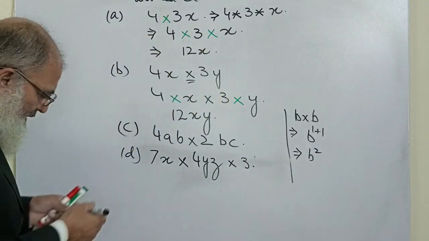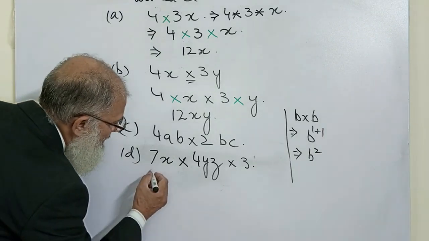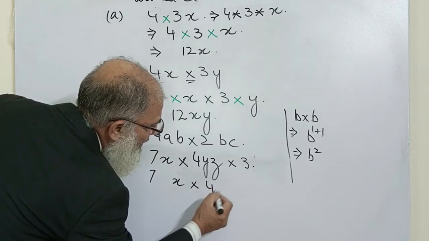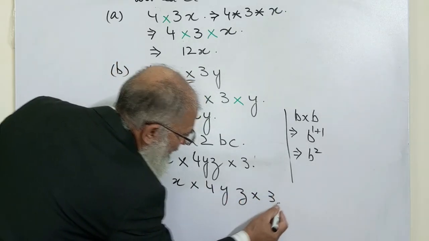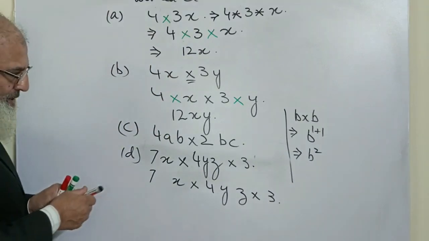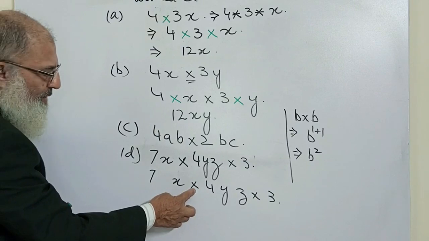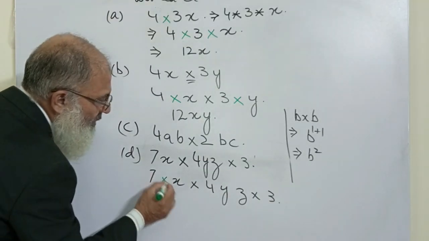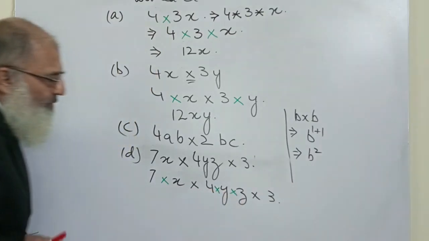It is again very simple. We'll insert the missing signs first. Now this is given by z and this is also given. But don't confuse this multiplication sign with this x sign variable. And here we have to insert the multiplication sign.